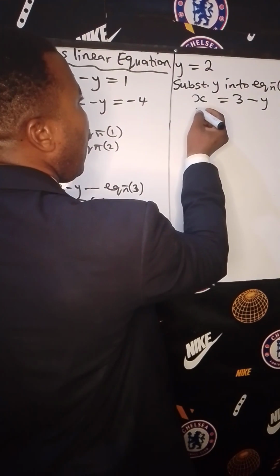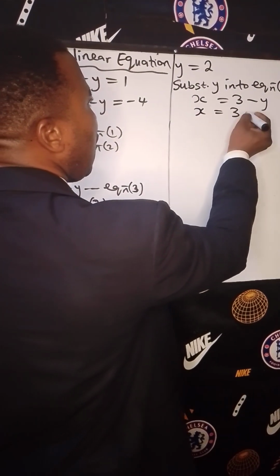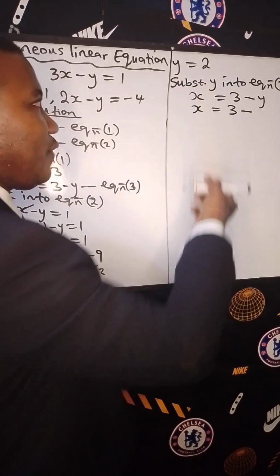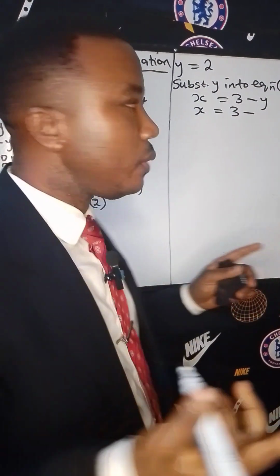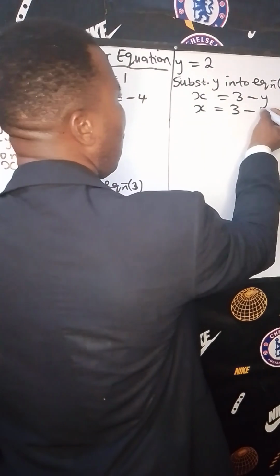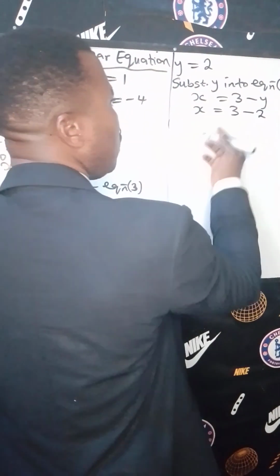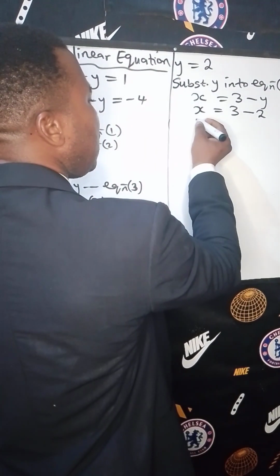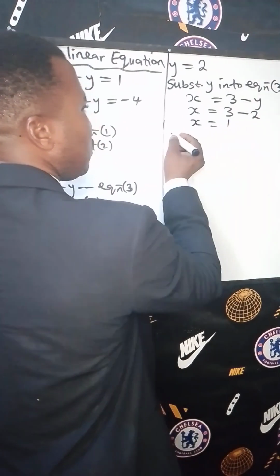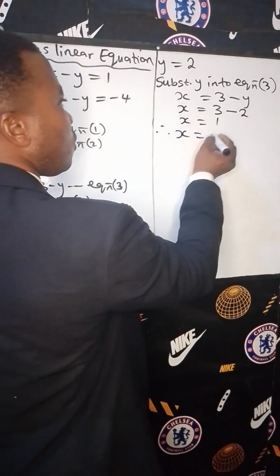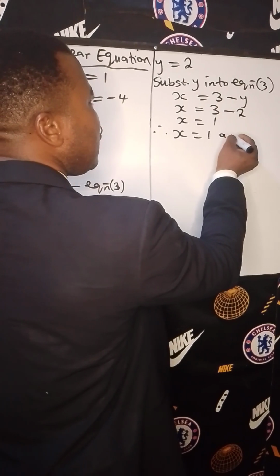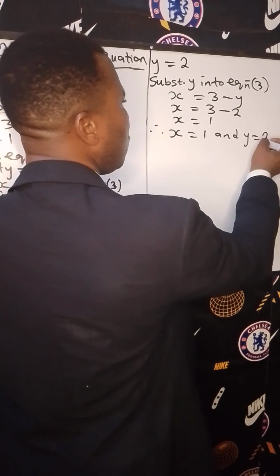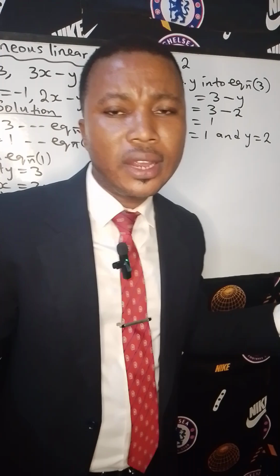Okay, so x is equal to 3 minus the value of y, which is 2. So 3 minus 2 is giving us 1. So therefore, x is equal to 1 and y is equal to 2. This is the value of x and y.